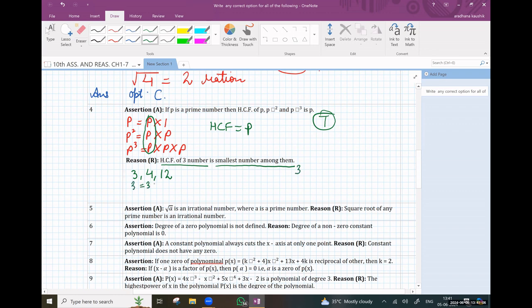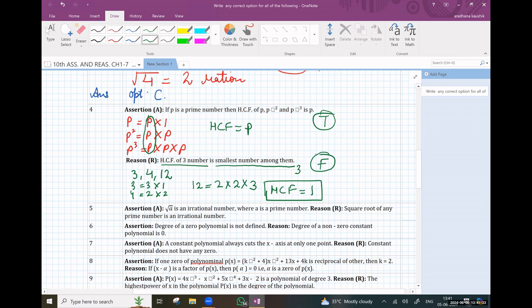Factor of 3 are 3 into 1. Factor of 4 are 2 into 2. And factor of 12 are 2 into 2 into 3. So here you can see that no common factor is there. And we can say HCF is equal to 1 only. So here we can say that reason is false.